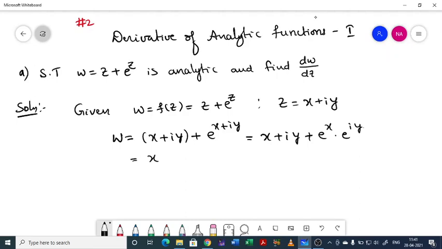Now this e power iy, we can use the identity that we discussed in our previous class, e power ix equal to cos x plus i sin x. So using that, it will be x plus iy plus e power x times cos y plus i sin y.